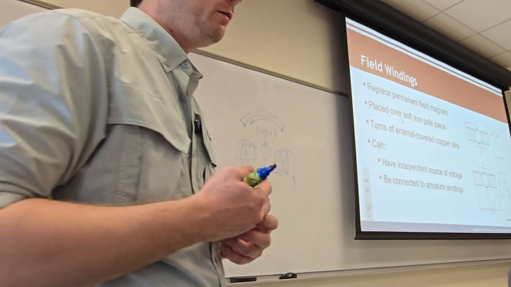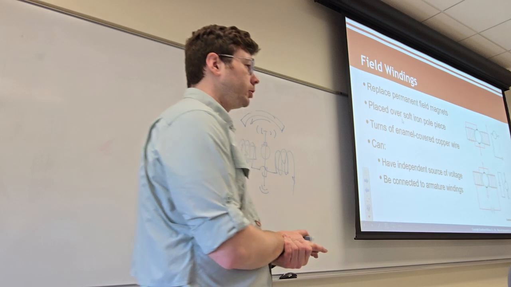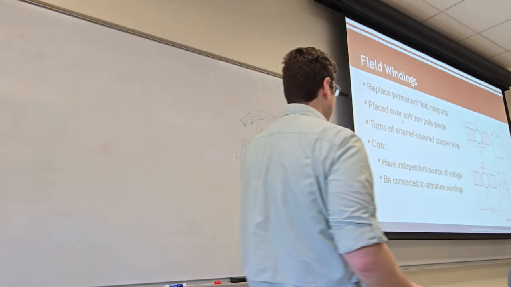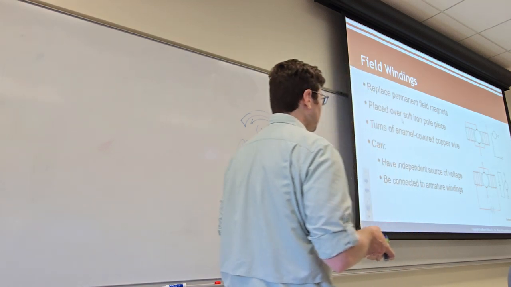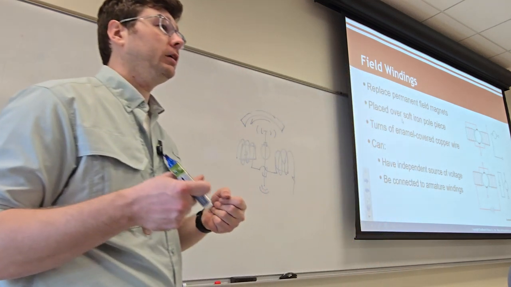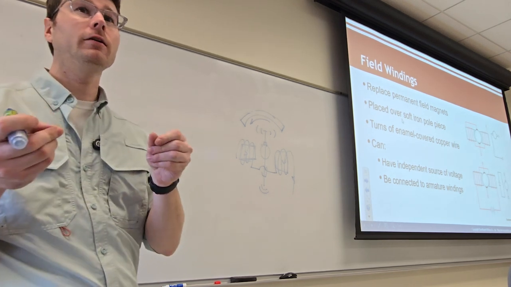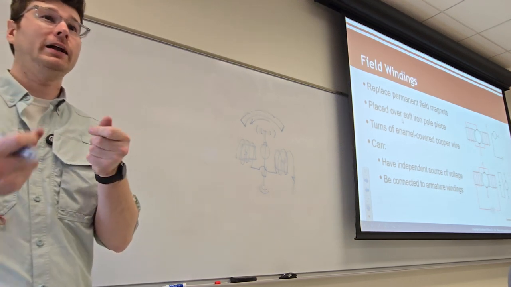What we're actually talking about here is our laminated soft iron cores, right? Our sheets, our poles, and enamel covered copper wire. Whenever you see enamel covered or lacquer covered wire, it's a really, really thin insulator. It's a wire that looks like it should conduct anything you touch it with, but it's not actually conductive.